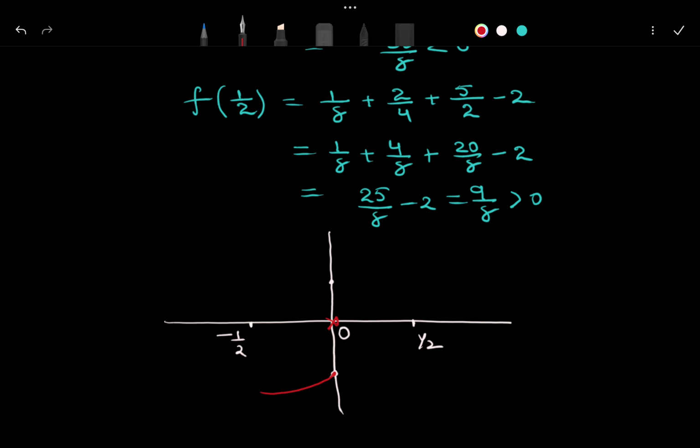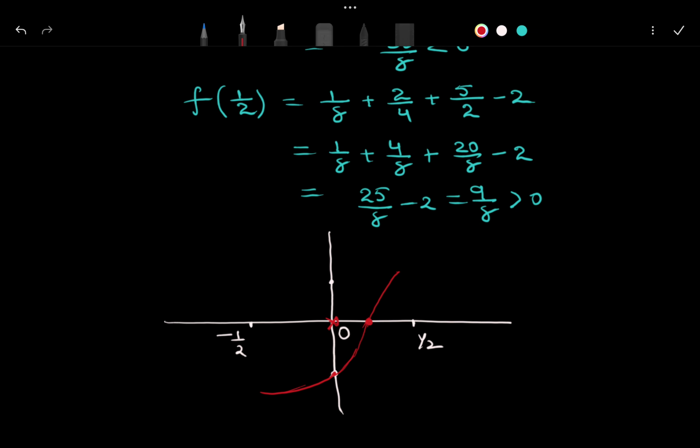Here f of 1 by 2 is positive, which means the curve will be like this position. So how many roots will be there in this interval? One root is 0 and the other root is this one.